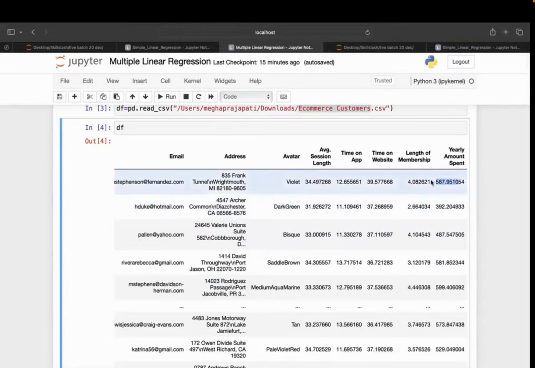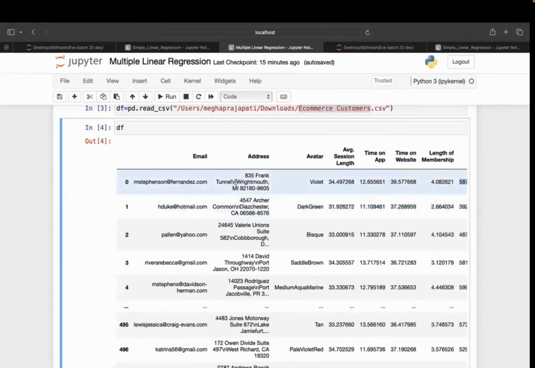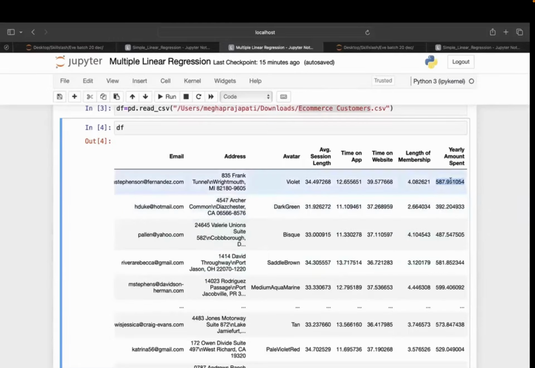So yearly, how much is the customer spending on all of these activities altogether? This is your target picture.